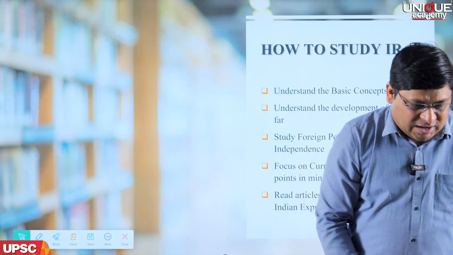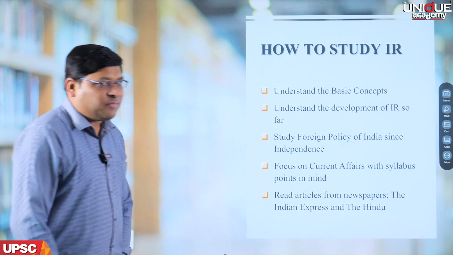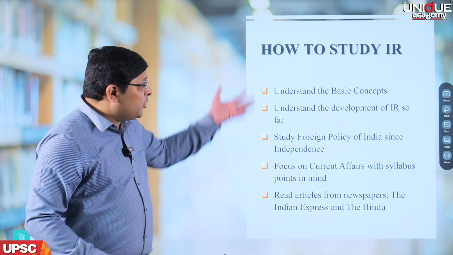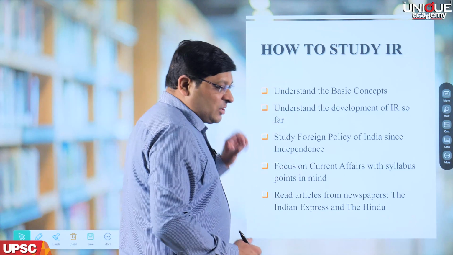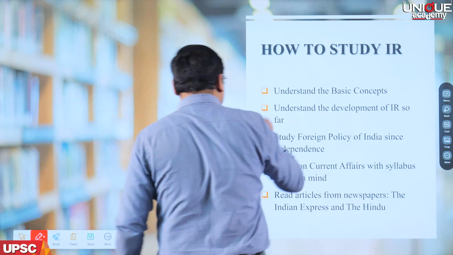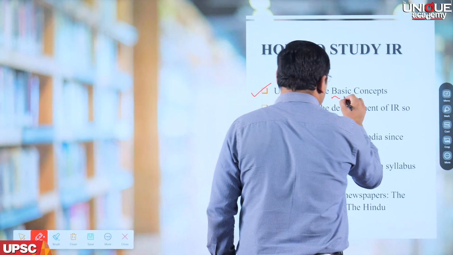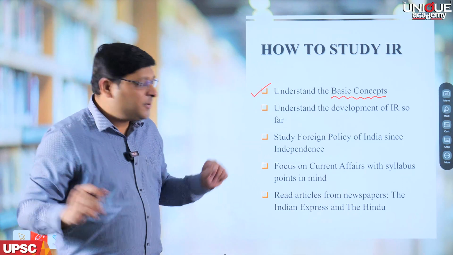Now, let us come to the last part of this entire lecture. How to study IR. In fact, in the entire lecture, we have been talking about this, right? But I summarize that now. First of all, as I said in the beginning, understand the basic concepts, very important. Unless you understand basic concepts, you don't understand anything else, right?